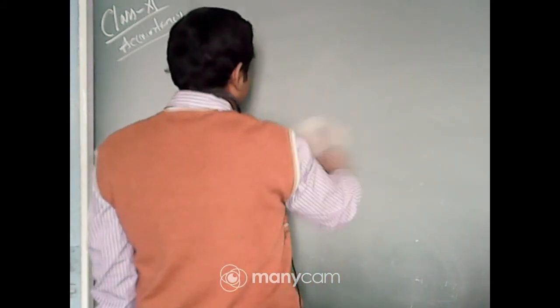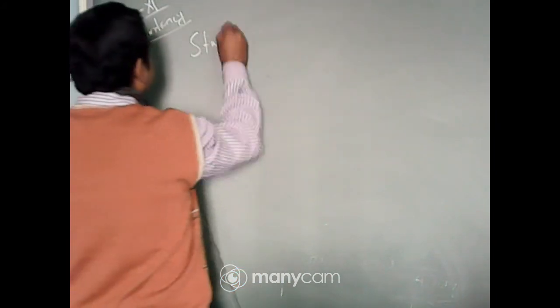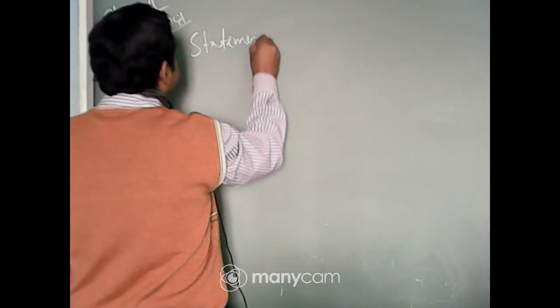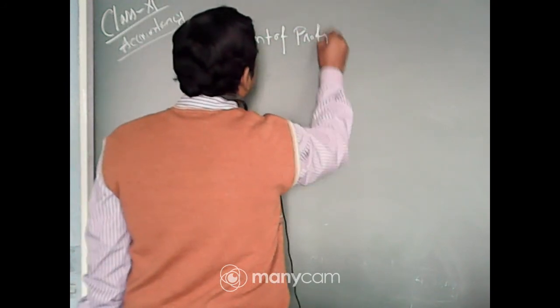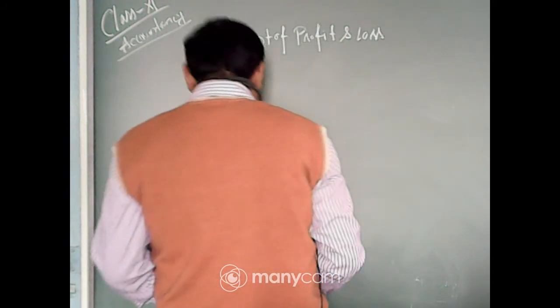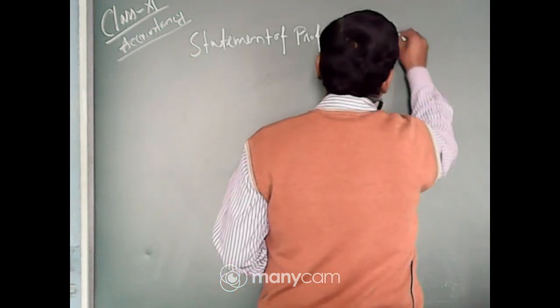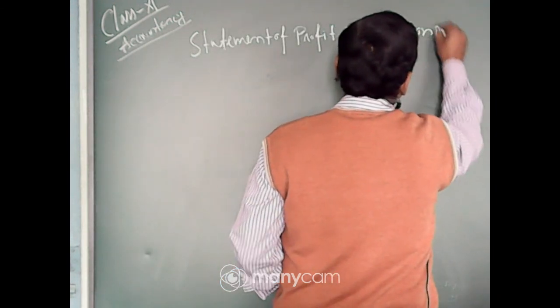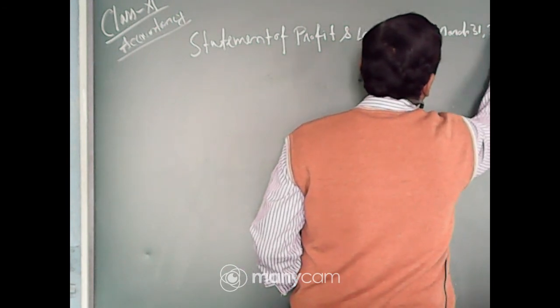So that is called the statement of profit and loss, because it is not a profit and loss account actually, as on March 31, 2017.